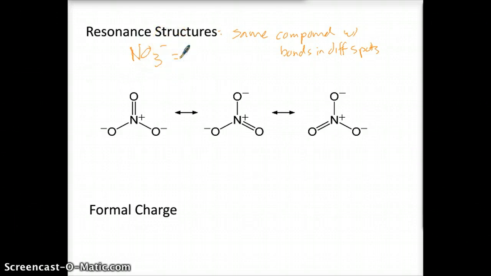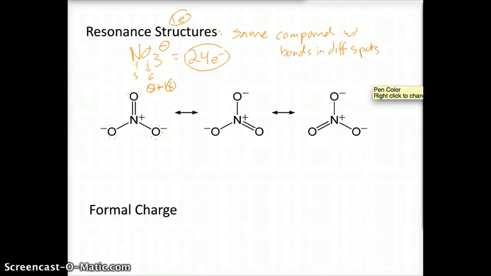The first thing to check: nitrogen has 5, each oxygen has 6, so it's 5 plus 18, but since there's this negative charge, that's 1 extra electron. So 1 plus 5 plus 18, I need to have 24 total electrons in this structure. Now, the dots aren't drawn here, but if they were drawn, that would give us the 24 electrons needed for this to be stable.